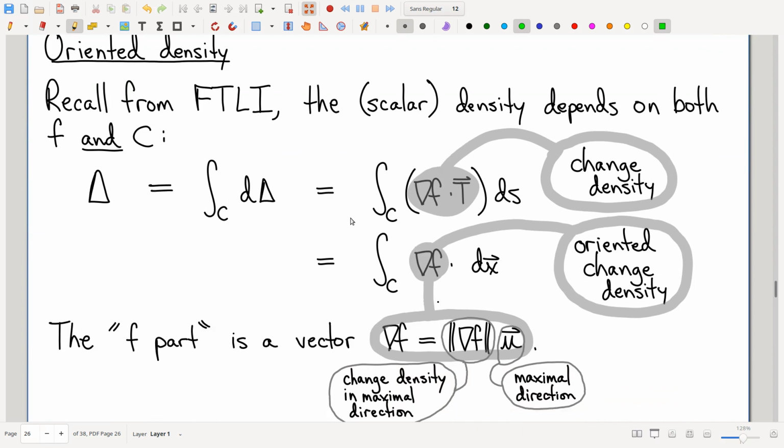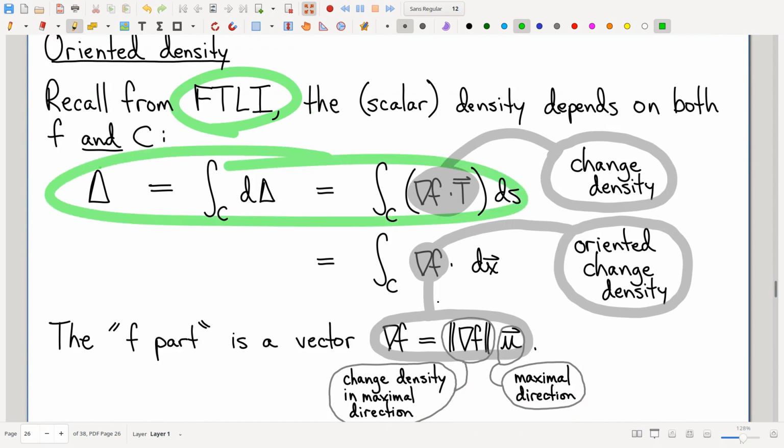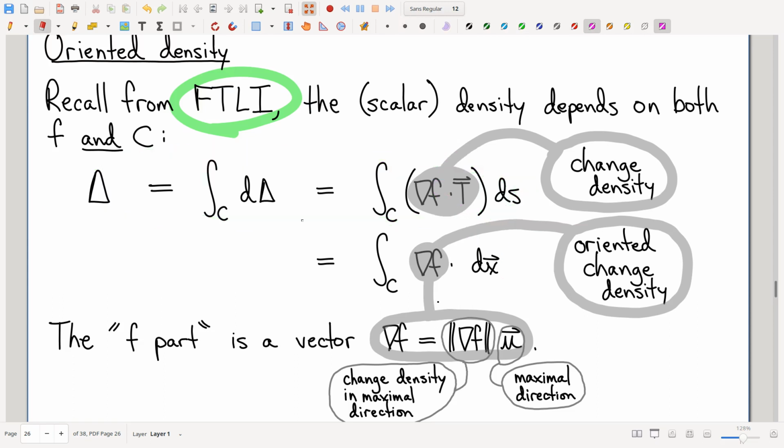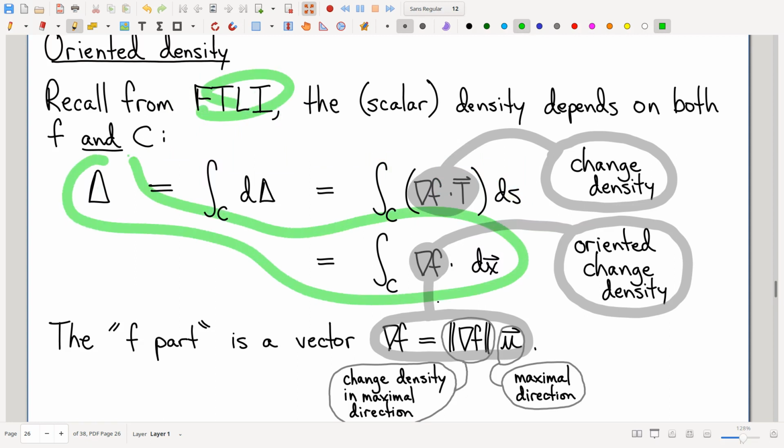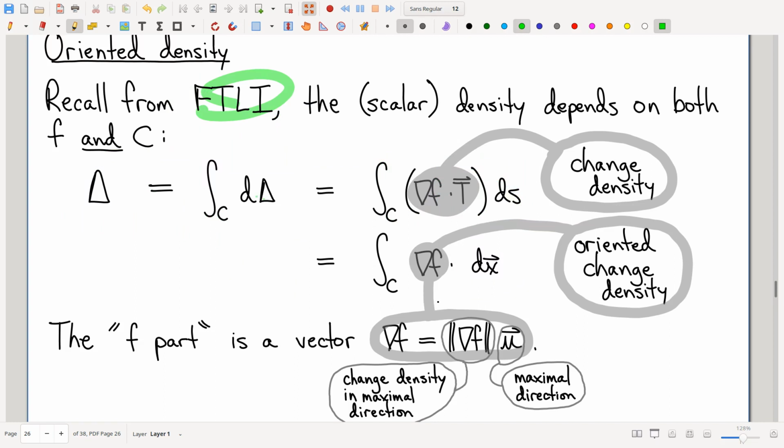When we were talking about the fundamental theorem of line integrals, which we initially wrote down like this, we then observed that T dS was just dx, and that allowed for restating the theorem like this, which allowed us to reinterpret change as an oriented size.